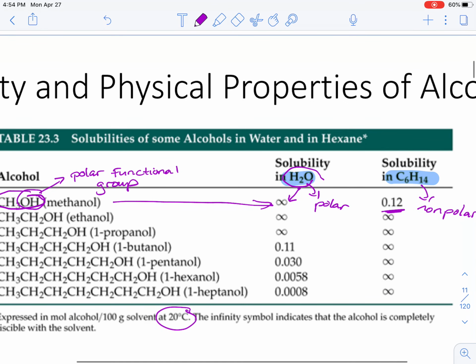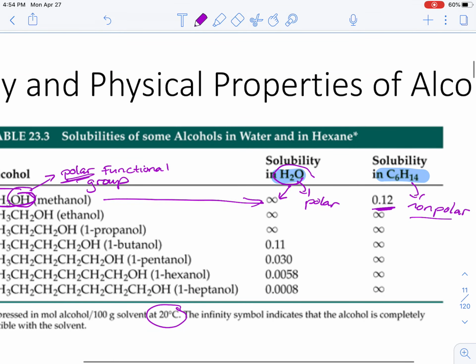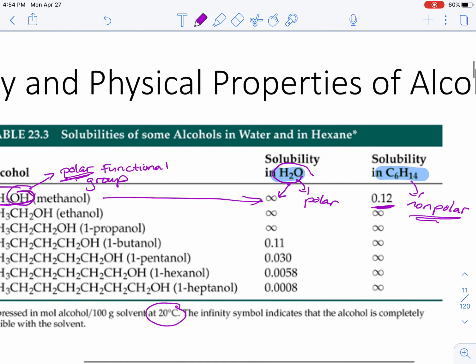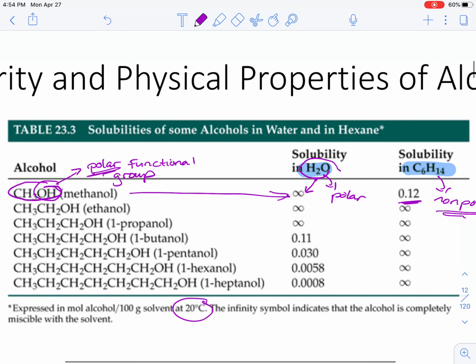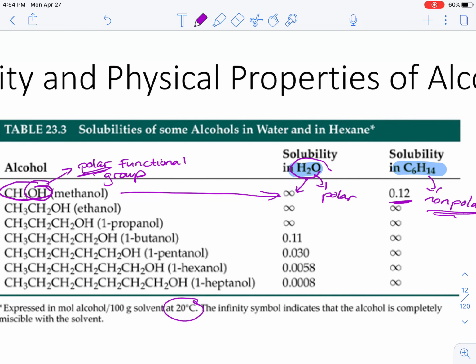The reason why is because you have a conflict between this polar functional group and this nonpolar substance. So only a small portion of it, 0.12 moles of the alcohol out of 100 grams of the solvent, will actually be soluble in a nonpolar solvent.